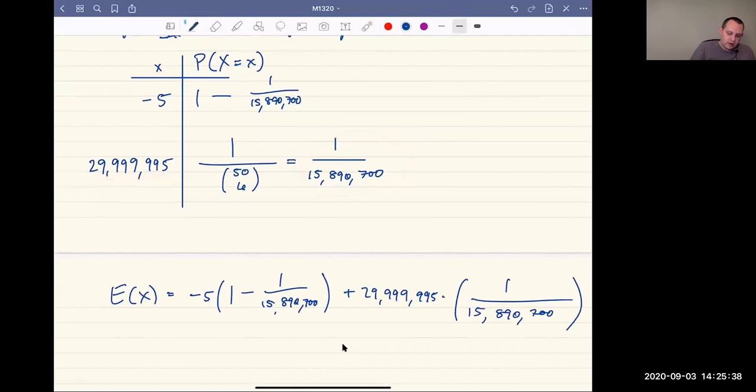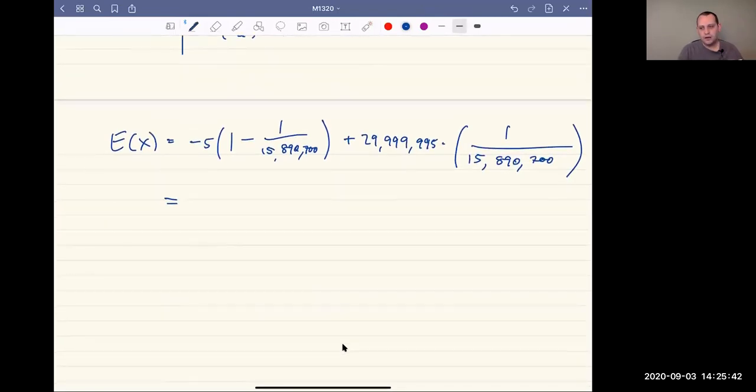And so the moment of truth: we need to plug everything in. We take negative 5 times 1 minus 1 over 15,890,700, plus 29,999,995 times 1 over 15,890,700.